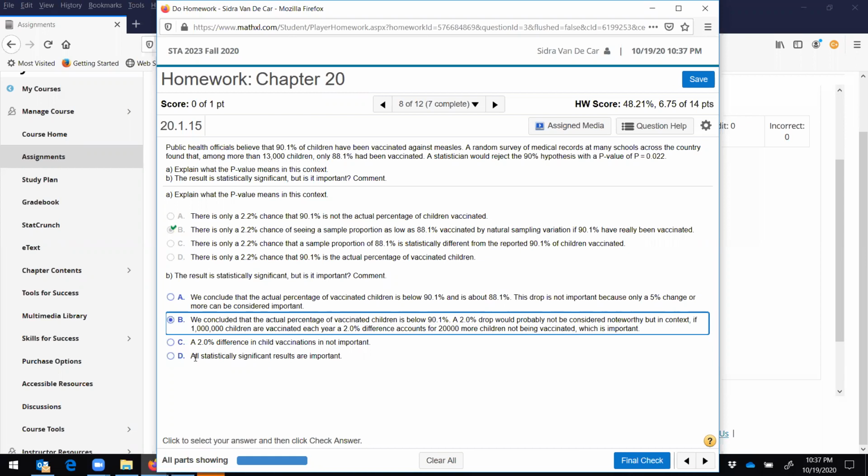Okay, I see. This said all statistically significant results are important. All right, I understand what they're doing now. I'm sorry, that took me a second. It is not true that everything that is statistically significant is important, right? So you've got to look at the context of the problem.